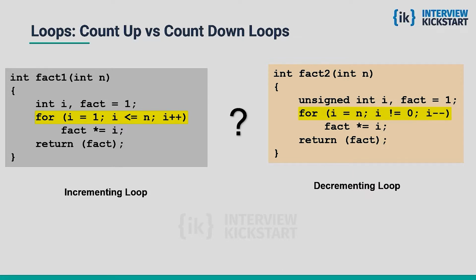On the left hand side, there are two variables, i and n, in the comparison operation, i less than or equal to n. Now, on the right hand side, there is a comparison with 0, where i is not equal to 0. Therefore, it seems the compiler can generate efficient code by avoiding one comparison operation.